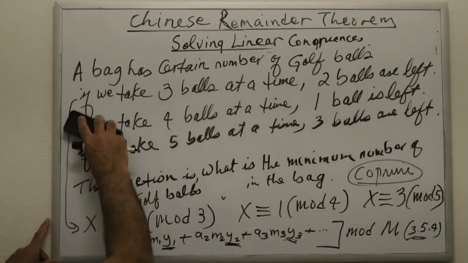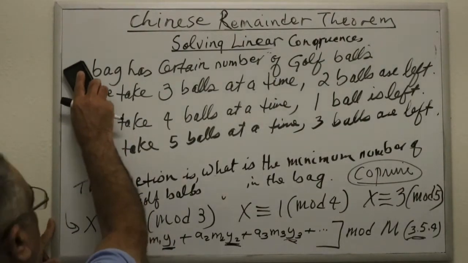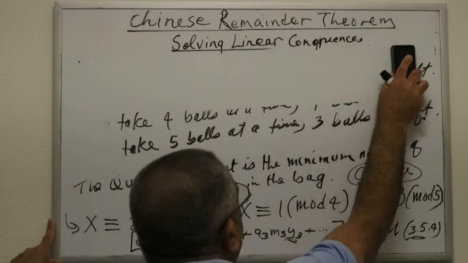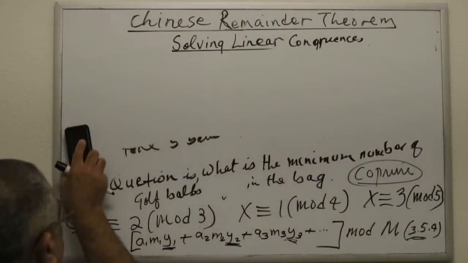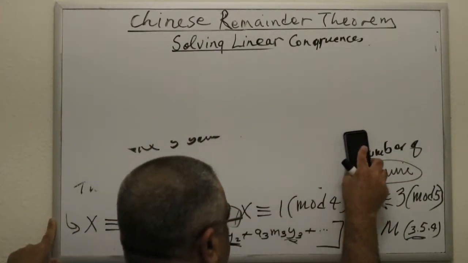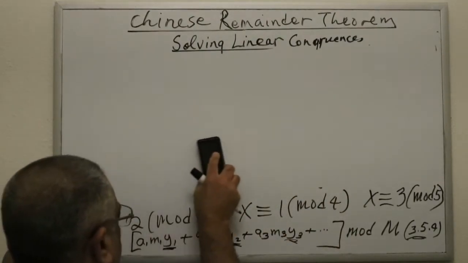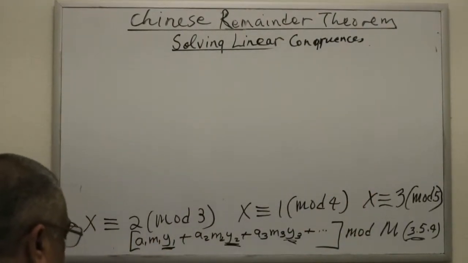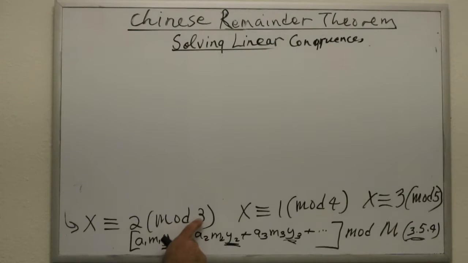So let's continue with this problem and see how we're going to solve this. So how we're going to figure out what x is. Now, as I mentioned, 3, 4, and 5 are co-prime. That's very important. Okay, so I'm going to write this out.